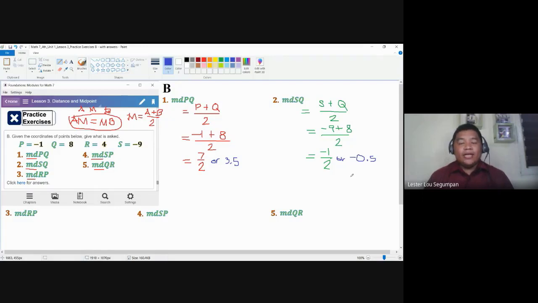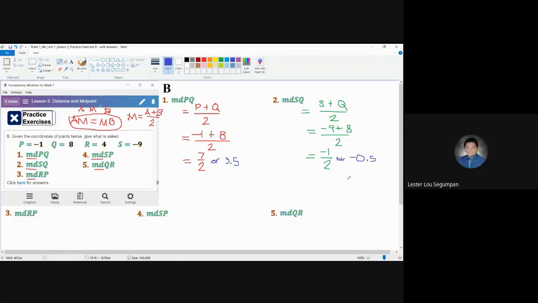Because midpoint is just a point in the middle of two different endpoints, and a point could be in one-to-one correspondence with any real number, and negative numbers are real numbers. So we are not talking about distance anymore. We are talking about the midpoint, so negative values will be acceptable.